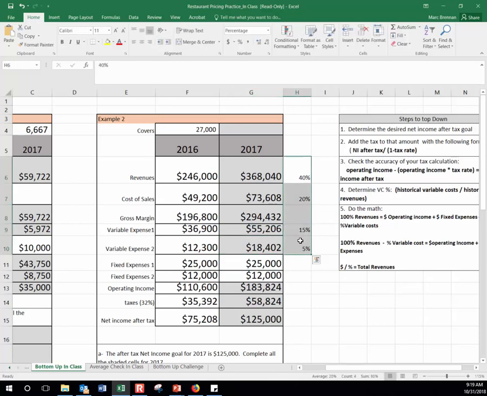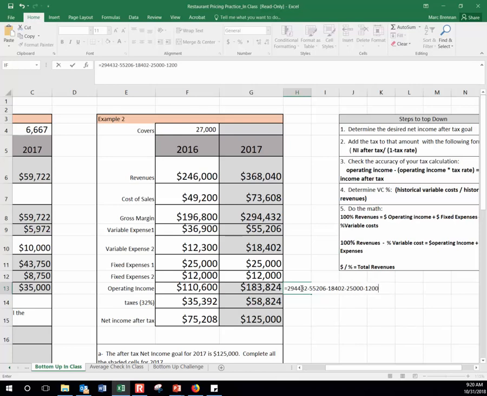So now we have all of our lines. This looks more like an income statement, but let's make sure we did everything properly. We can move from gross margin in this case and move down. So we want to get to operating income from gross profit. So we would go our gross profit, $294,432, minus variable expense 1, minus 18,402, which is variable expense 2, minus my fixed expense 1 and minus my fixed expense number 2.